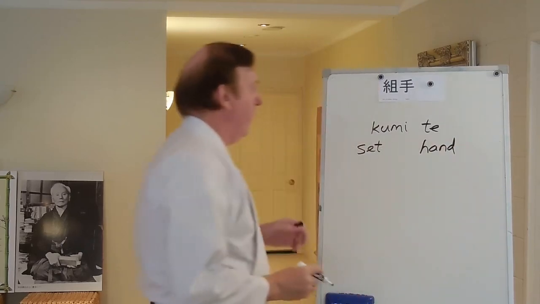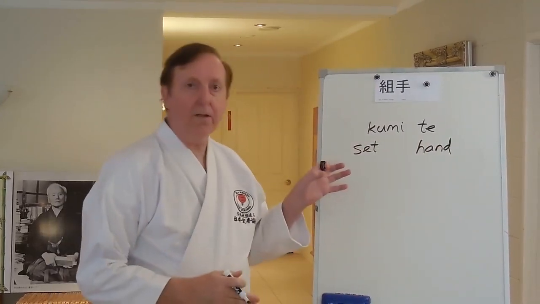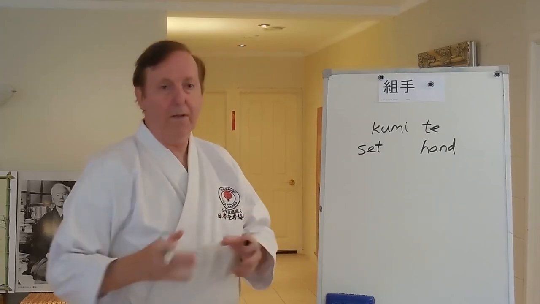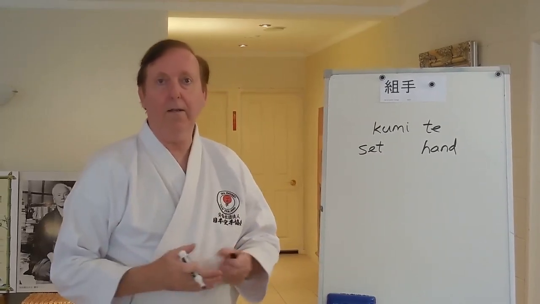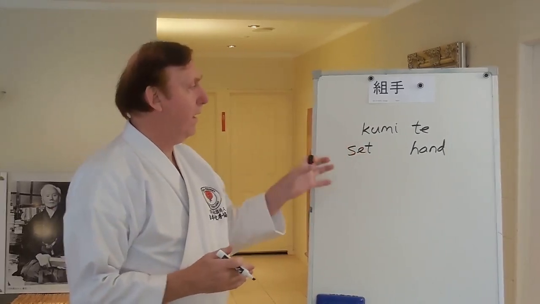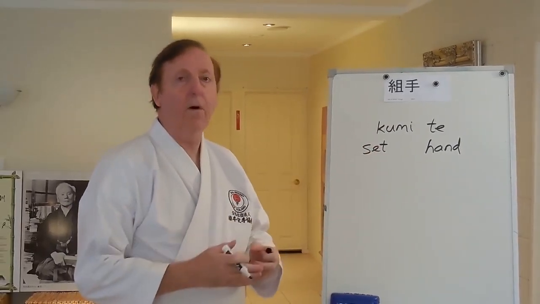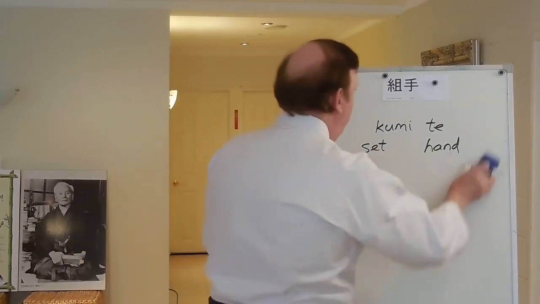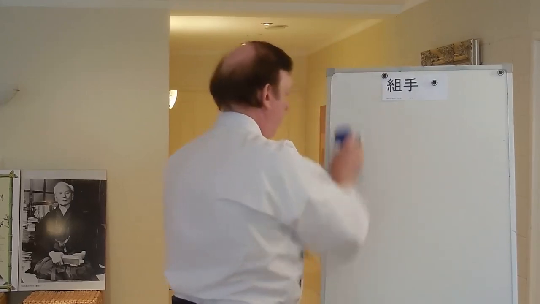So what we've got is a set of techniques using the hand. Now that's obviously been extended to include the feet, legs and so forth, but the basic idea was a set of things or techniques for using your hands equals kumite. So we'll leave that one up there as a reference point.